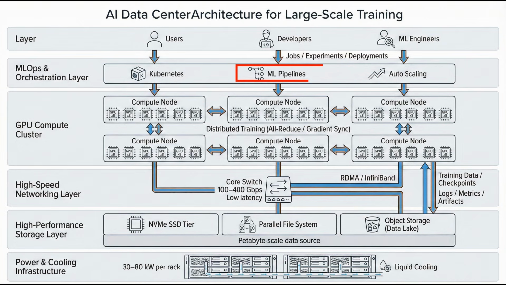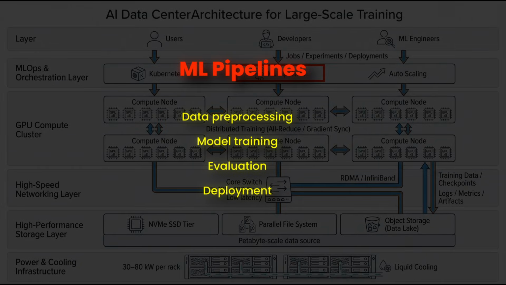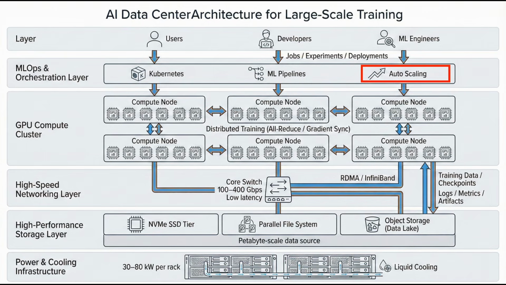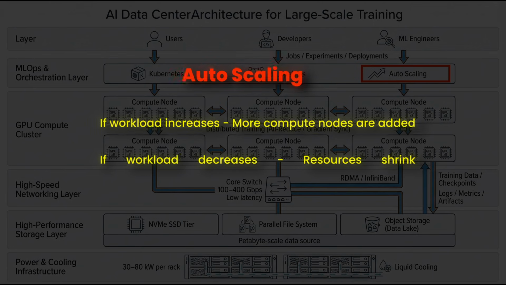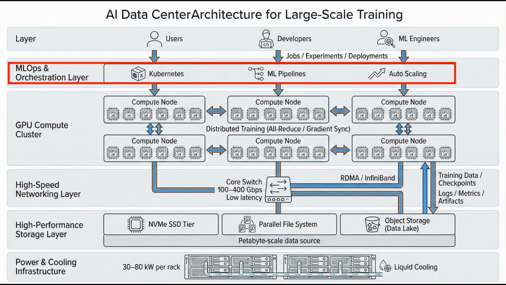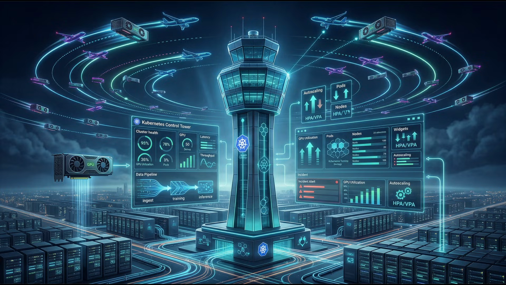The ML pipelines automate steps like data pre-processing, model training, evaluation, and deployment, and finally auto scaling. If the workload increases, more compute nodes are added. If the workload decreases, resources shrink. So we can think of this layer as an air traffic controller managing thousands of GPU flights.